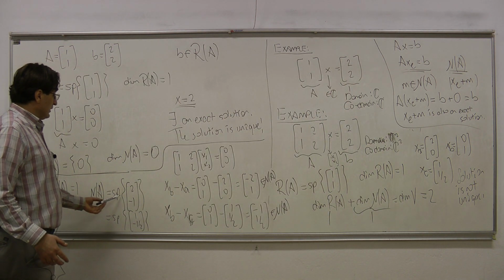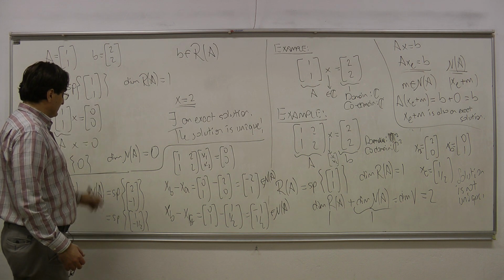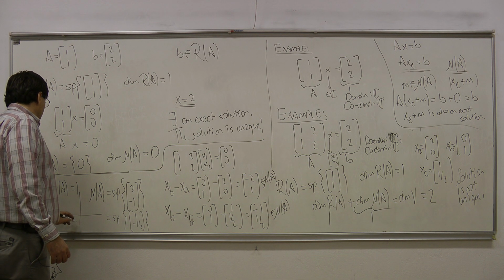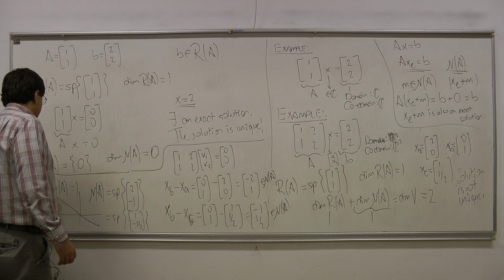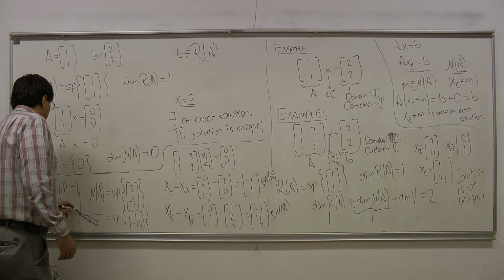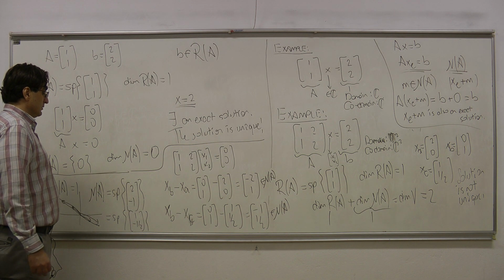And actually here, this one-dimensional null space is a line in R2. Okay? This is a line which is looking like this. Any vector on this line is a vector inside the null space of A for this example. Okay?